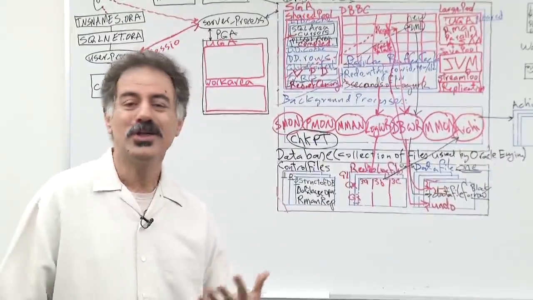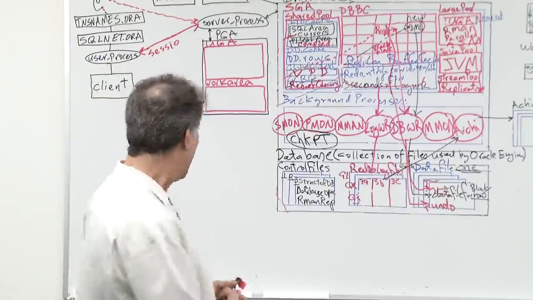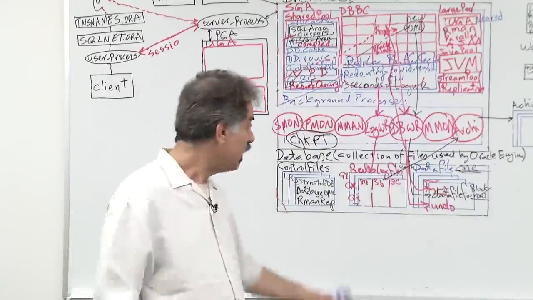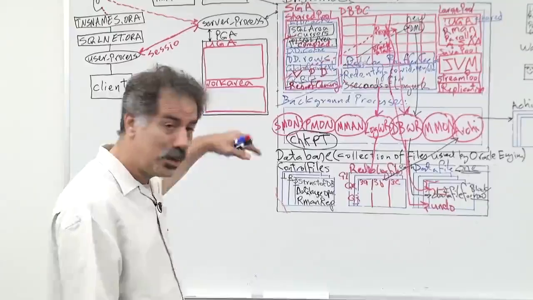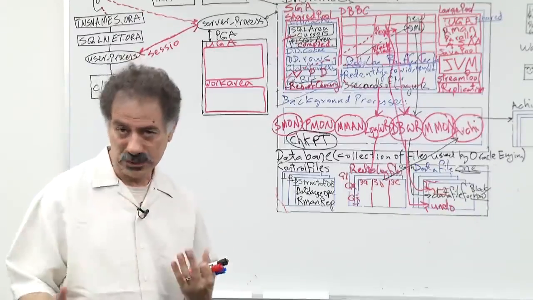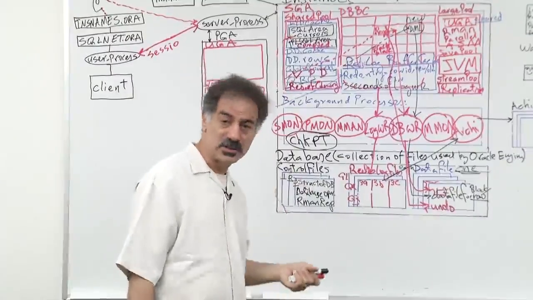Let's see how this differs with the container database. As we said, a container database is exactly a single instance database, or it could be a RAC. The type of database used is all compatible with each other. In this case, for simplicity, we're going to use a single instance.